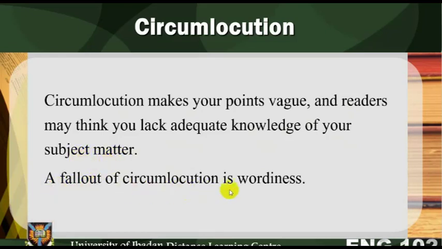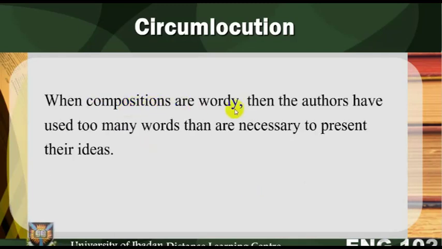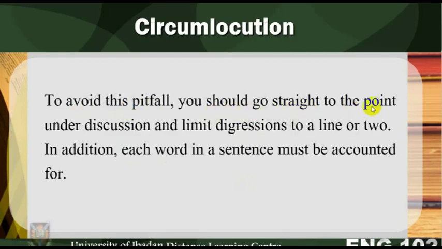A fallout of circumlocution is wordiness. When compositions are wordy, then the authors have used too many words than are necessary to present their ideas. To avoid this pitfall, you should go straight to the point of discussion and limit digressions to a line or two. In addition, each word in a sentence must be accounted for.